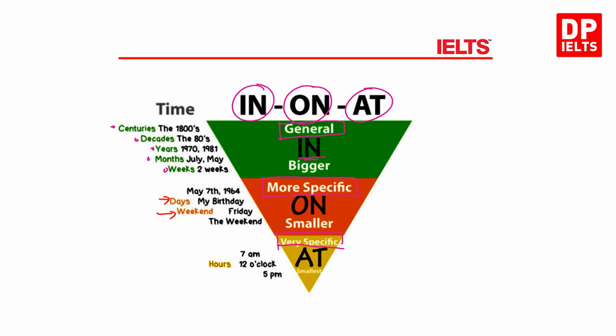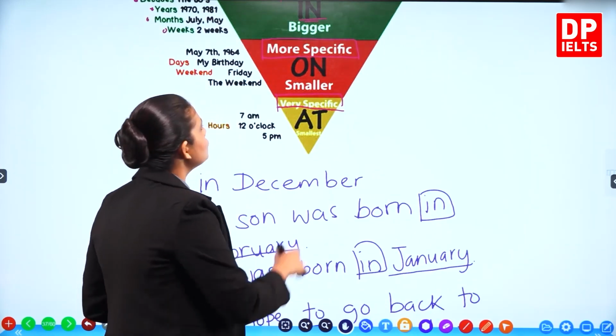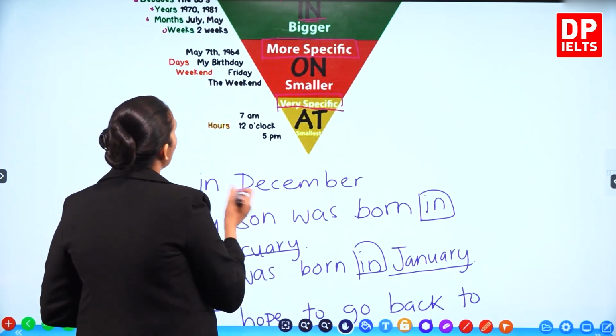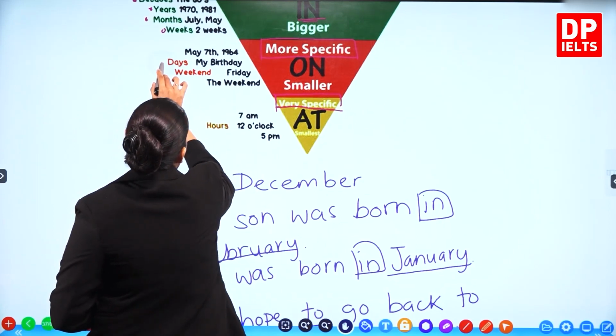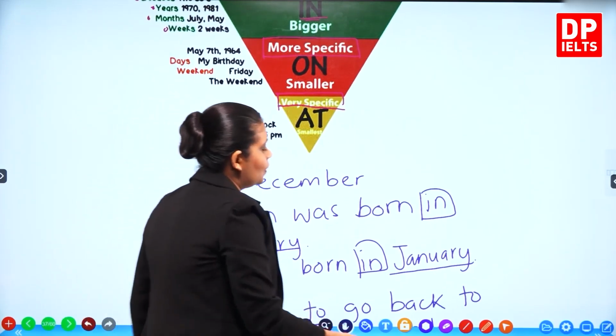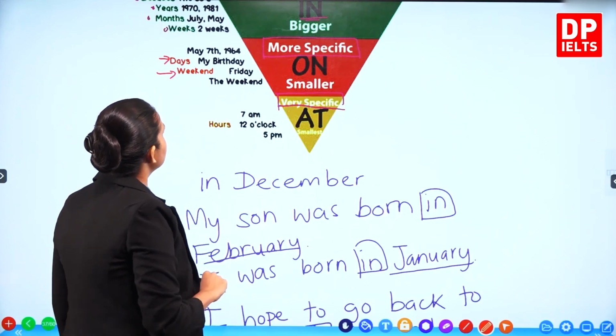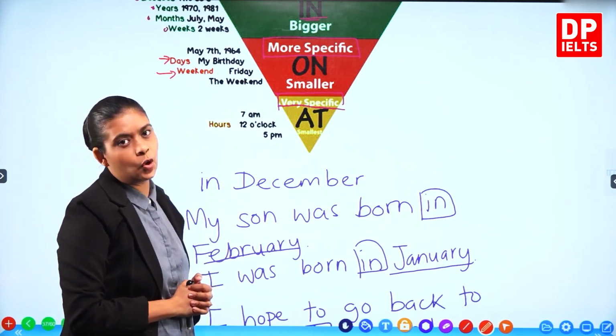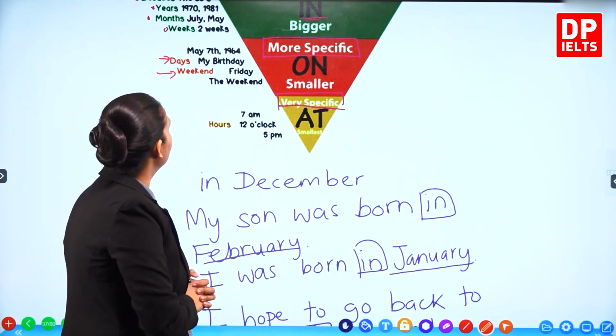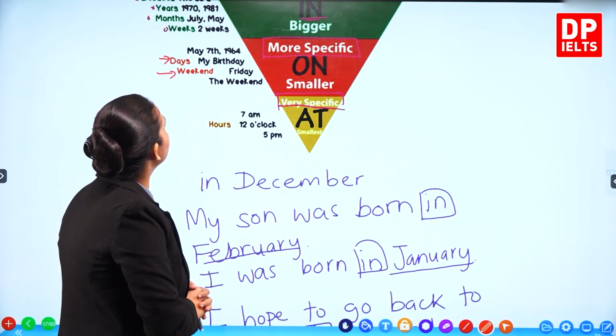Next, you could use on. On is used for days as well as weekend. Okay, days and also the weekend. Okay, so you can say my birthday is on Saturday. Okay, my birthday is on Friday.